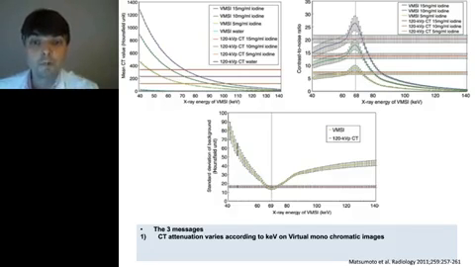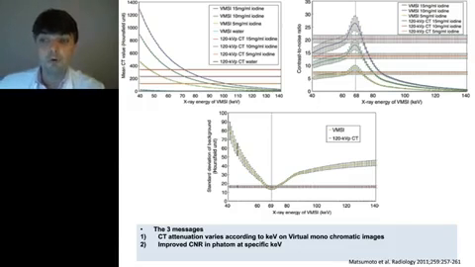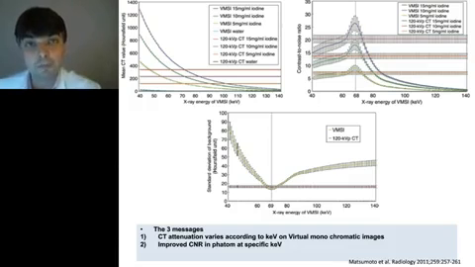The lower you go, the higher the attenuation. But if you look at the contrast to noise ratio, what you do see is that you have the improved contrast to noise ratio, but at a specific energy level. And in that experimental setup, the optimized energy level was determined to be around 68 keV.